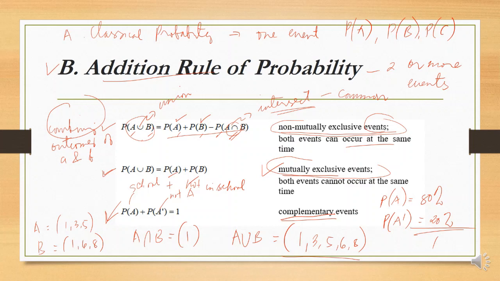Kasi ang total niyan will always be 100. Remember, fraction ito, kaya 1 ito, no? But if in percentage, you're going to represent those probabilities, the answer will always equal to 100%.